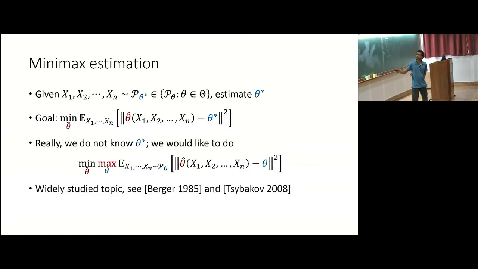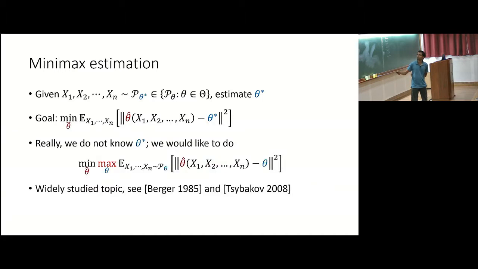So the right way to write this is to minimize not just this by fixing theta star, but rather to minimize this function where theta is unknown. So in order to put that, we take a max over theta. We want to minimize over all the possible estimators the worst case loss that our estimator suffers.